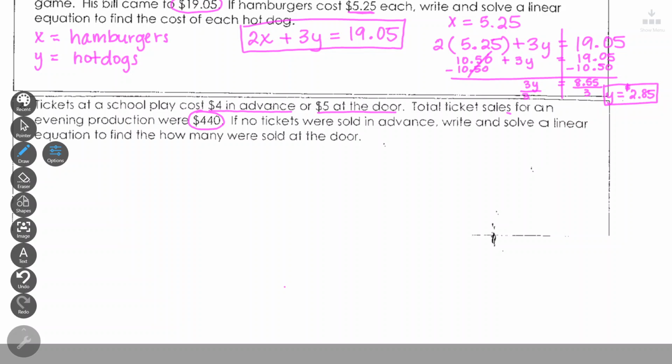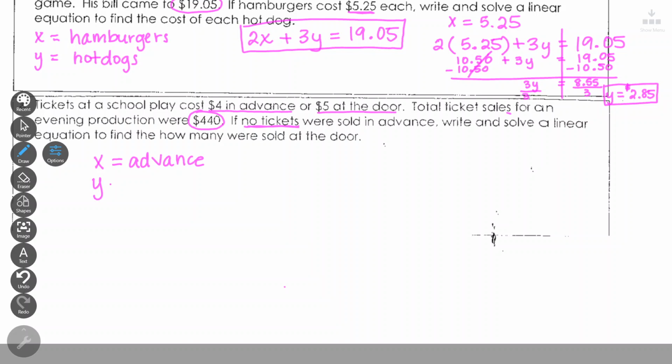If no tickets were sold in advance, that's important, then write and solve a linear equation to find how many tickets were sold at the door. So here we go. Let's say x is going to be the tickets sold in advance.